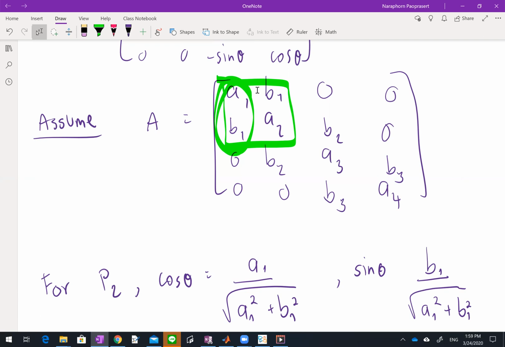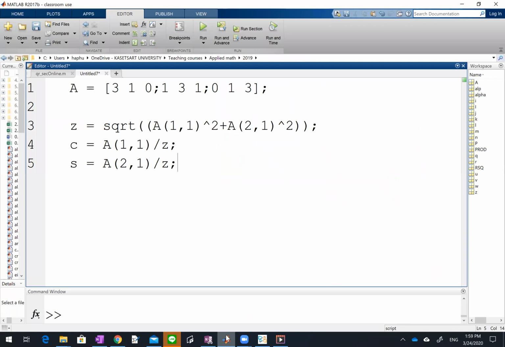So it should be right. So once you have the cos and the sine, then C is cos theta, and S is sine theta, because I'm too lazy to type it in full.